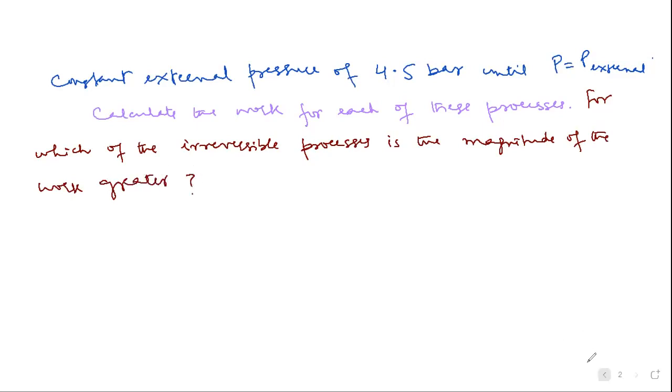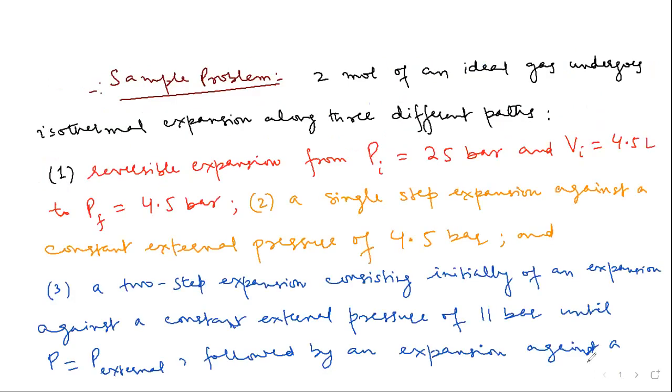Let me repeat the problem. Problem goes like this. 2 mole of an ideal gas undergoes isothermal expansion along 3 different paths.